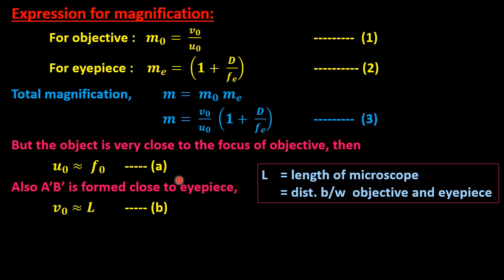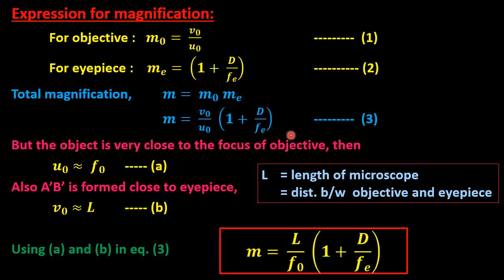Then we replace equations A and B in equation number 3, and after simplification we get the expression for magnification for a compound microscope: M equals L by F0 within bracket 1 plus D by FE. This derivation is very important, and the formula is important for numericals.